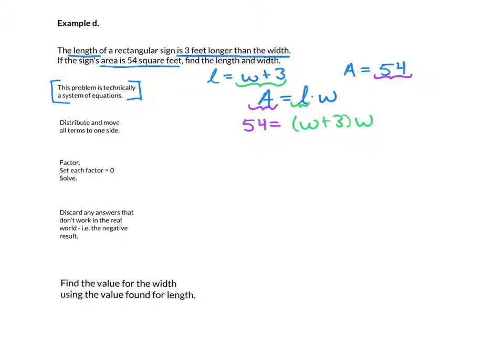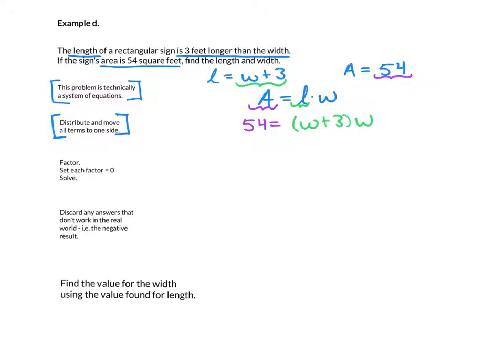We want to distribute and move all terms to one side. I know this is one of those we don't see very often, but I just want to take my W and multiply everything inside by W.